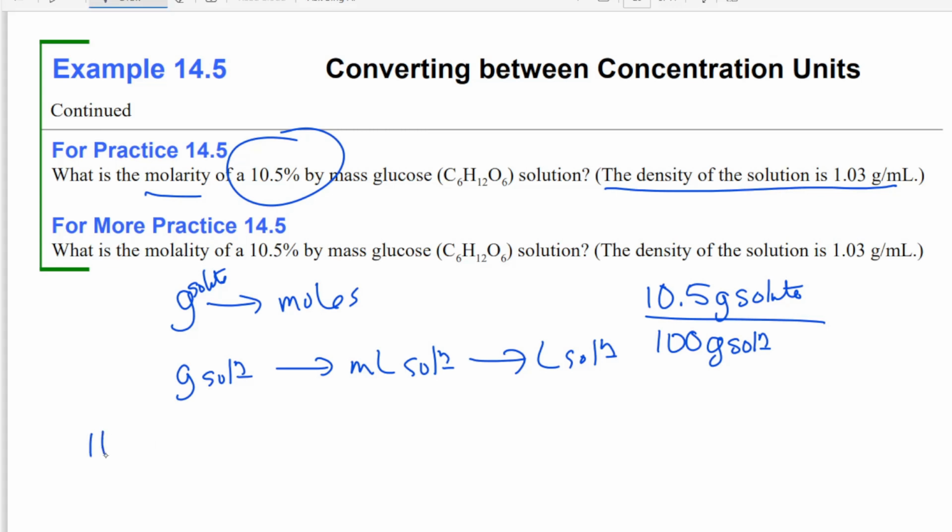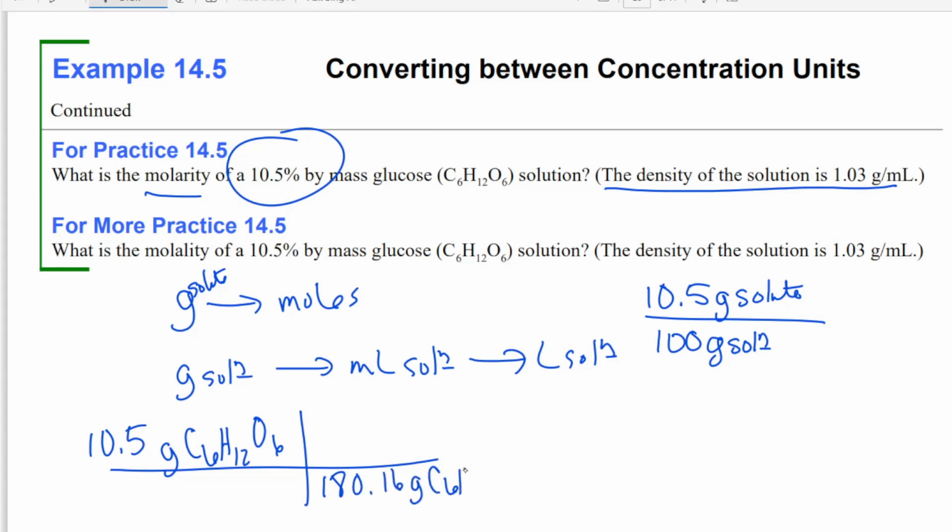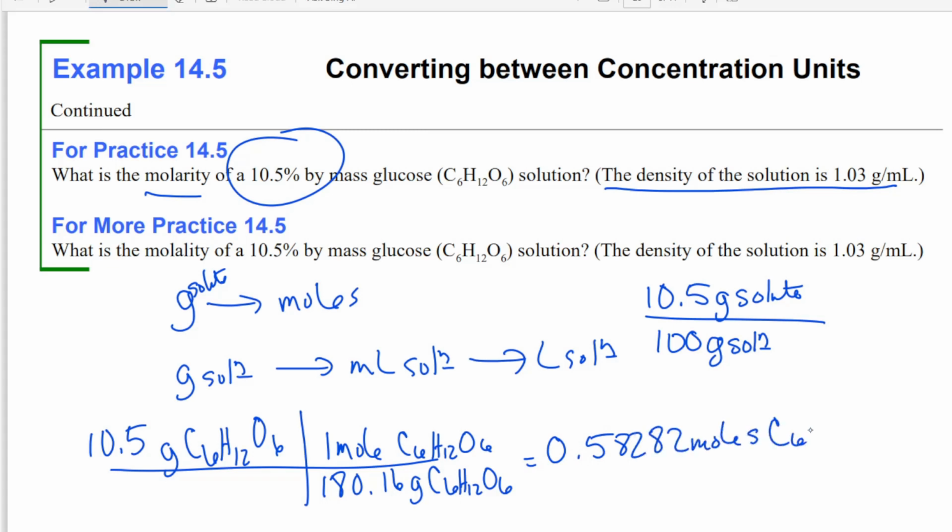So we're starting with 10.5 grams of C6H12O6, and if you look up or calculate the molecular weight for that, you'll get 180.16 grams of C6H12O6 per mole. Right, and that gives us 0.58282 moles of C6H12O6.